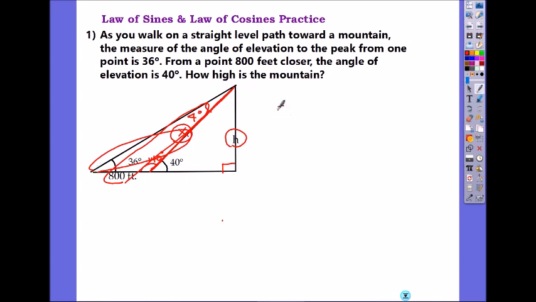So sine of 4 degrees, the corresponding side to angle 4, the opposite side, was 800. And sine of 36 is opposite to x, which you're looking for, the hypotenuse of this right triangle. There are multiple ways to do it.